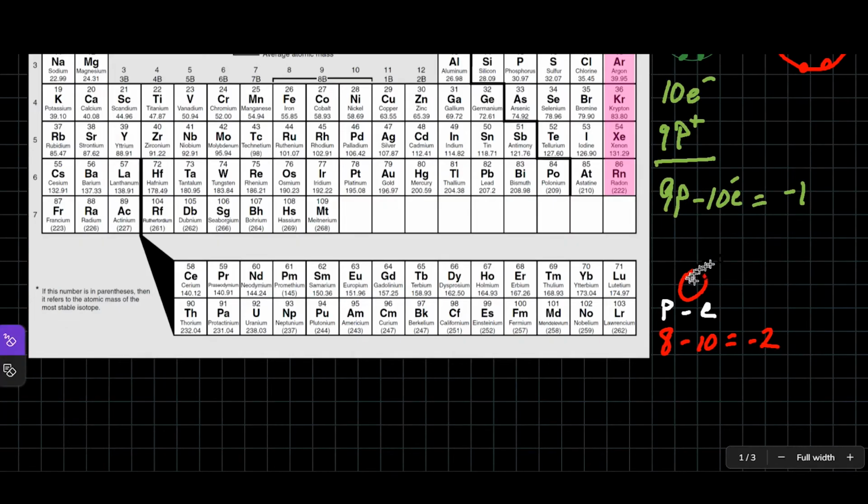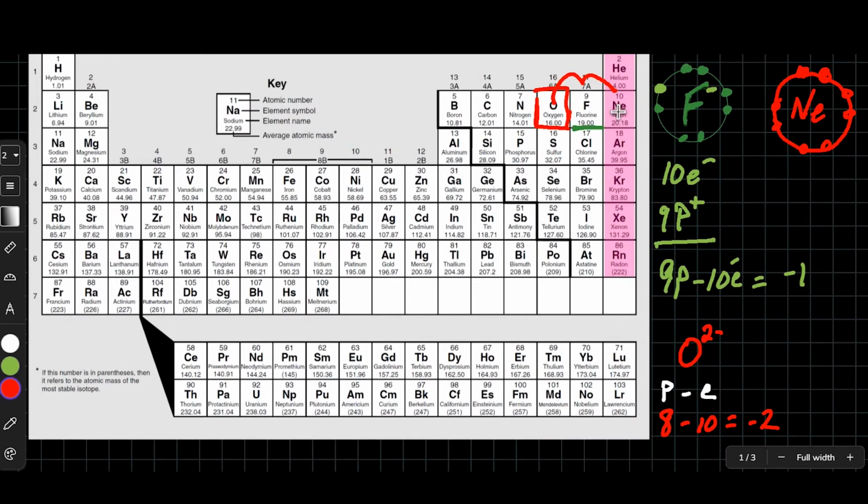So oxygen is going to have 2 negative charges on it, because it needed to gain 2 electrons. That makes sense? Then we have nitrogen. What do you think is going to happen with nitrogen? It's 3 spots away, so it's going to be a -3.